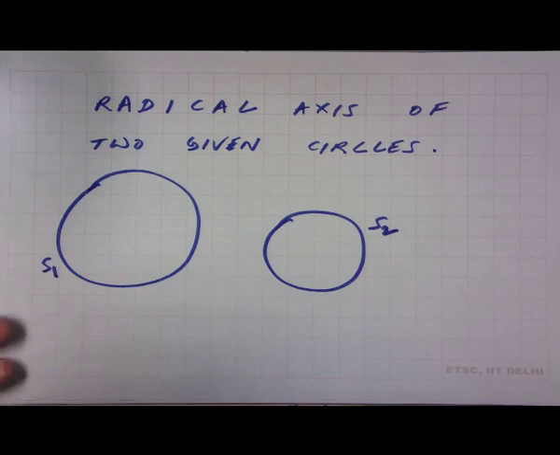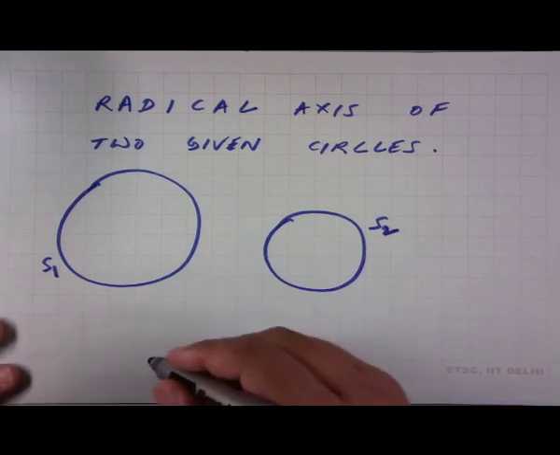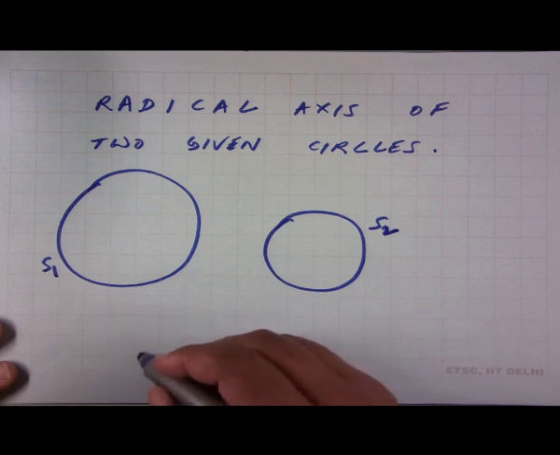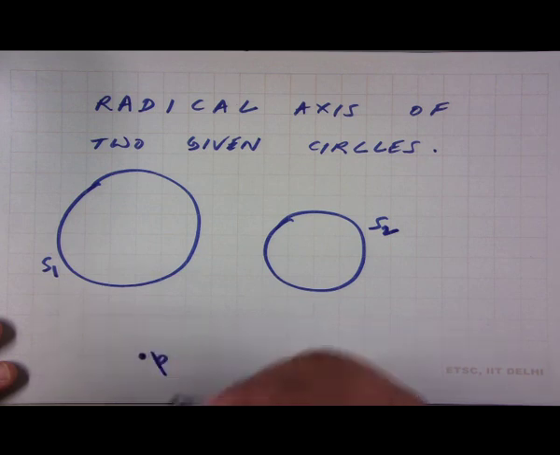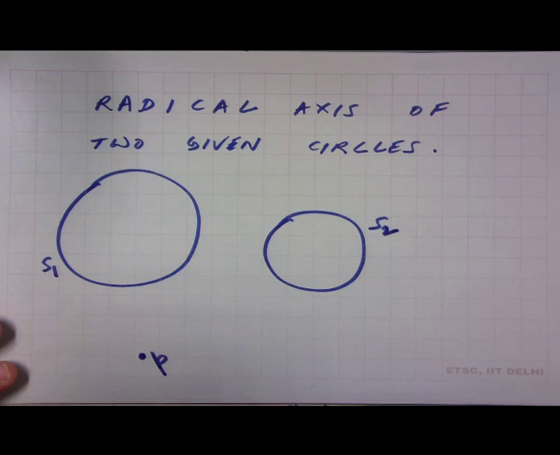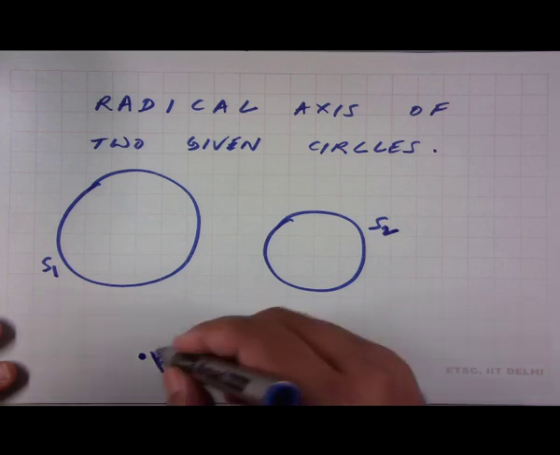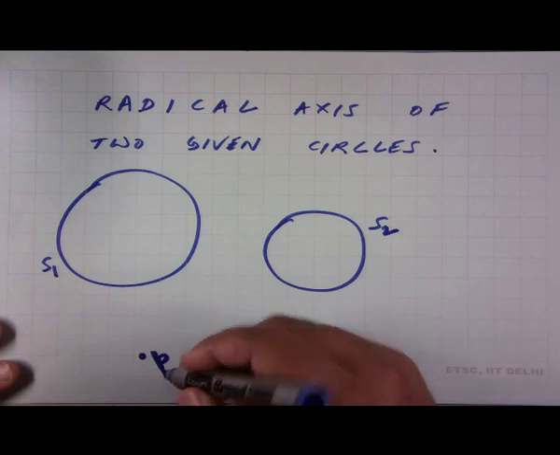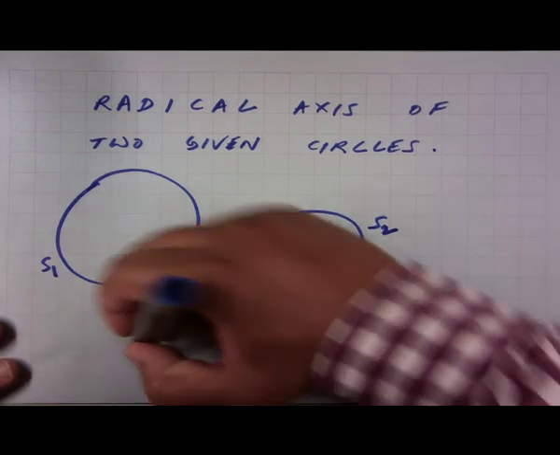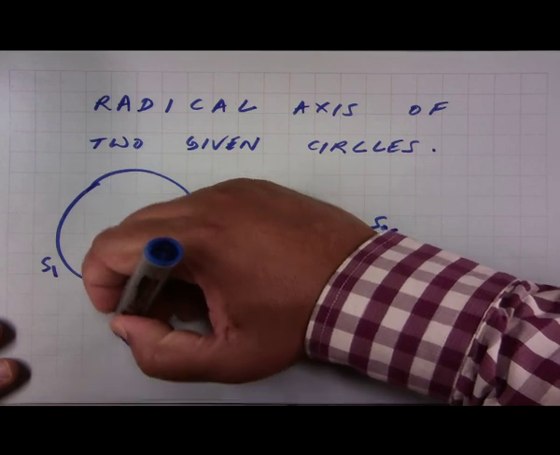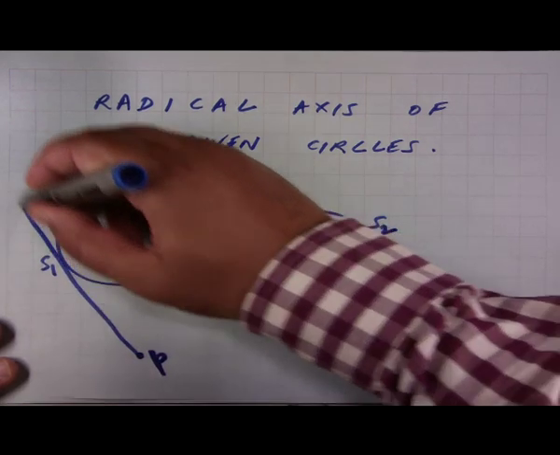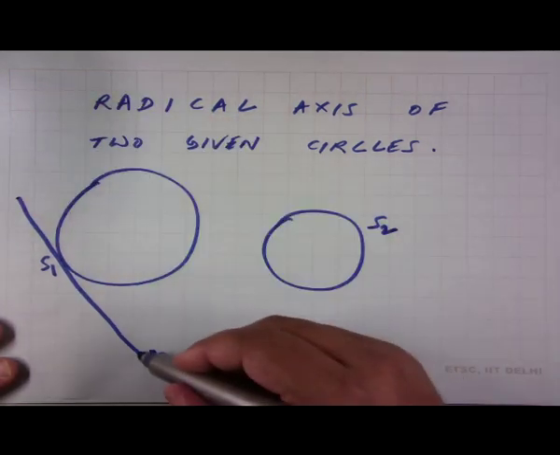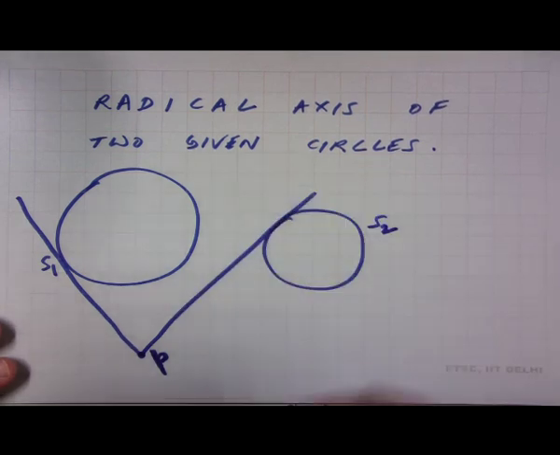Now, consider all those points such that we will only consider those points P such that the length of the tangent from this P to both the circles are equal.